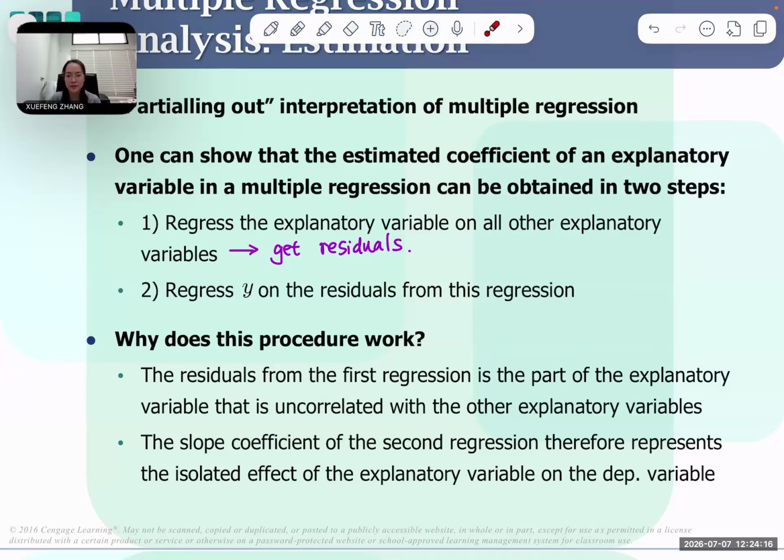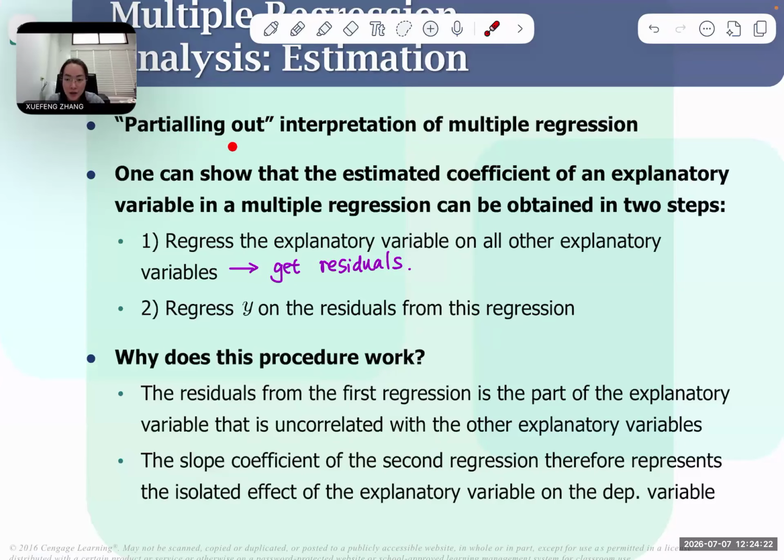This is called partialling out. It's really the mathematical proof behind everything we've said about ceteris paribus. OLS literally partials out the other variables' influence before measuring x1's effect.